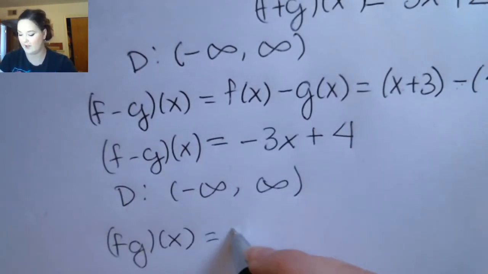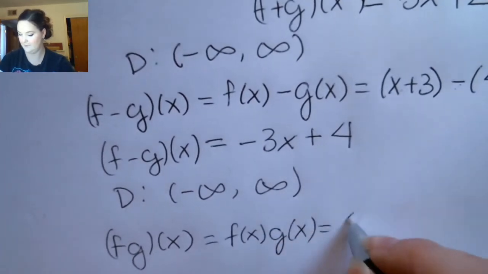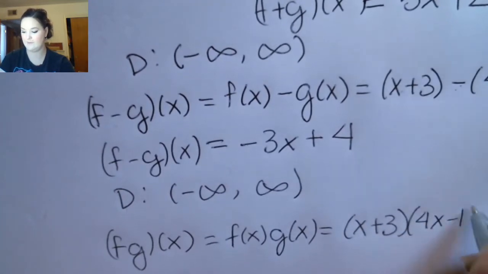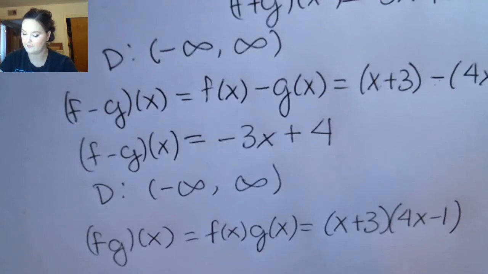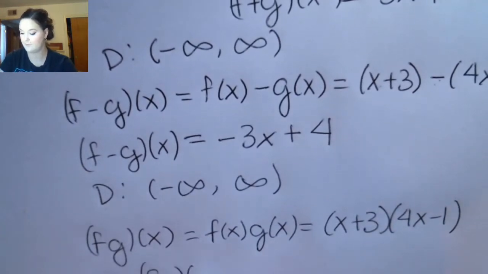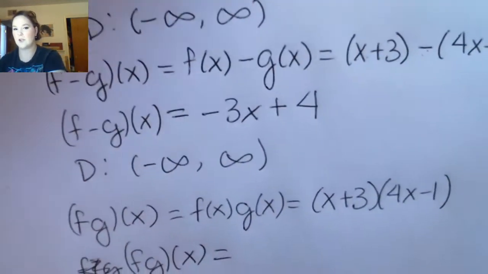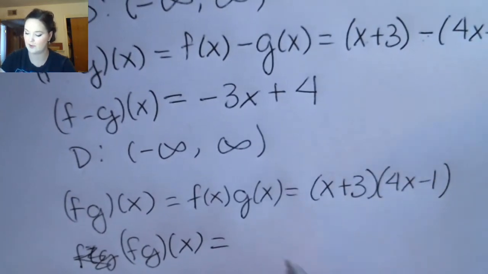F times g of x, this is f of x times g of x. Okay, and we're going to multiply these together. Okay, so remember, when you're doing these combinations, you're always going to simplify it as much as possible, which means we're going to multiply this out.